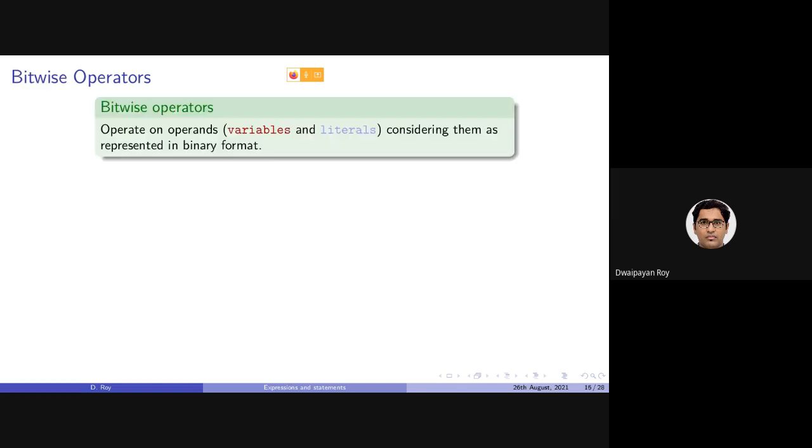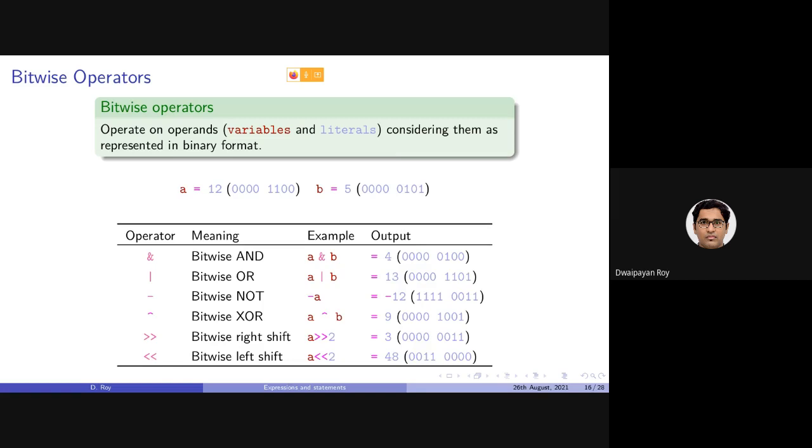The other type of operator, which we will not be encountering that much in this course, is called the bitwise operator. It operates on operands. The operands can be variables or literals, and they are considered in binary format.